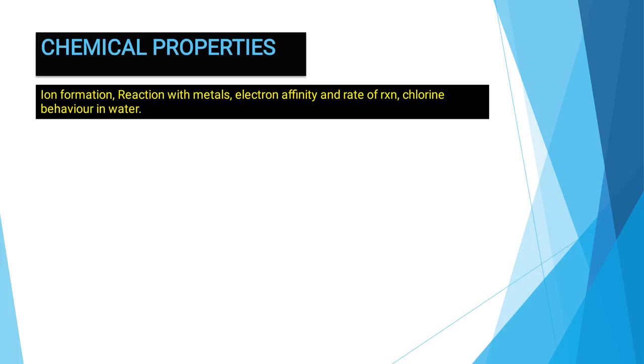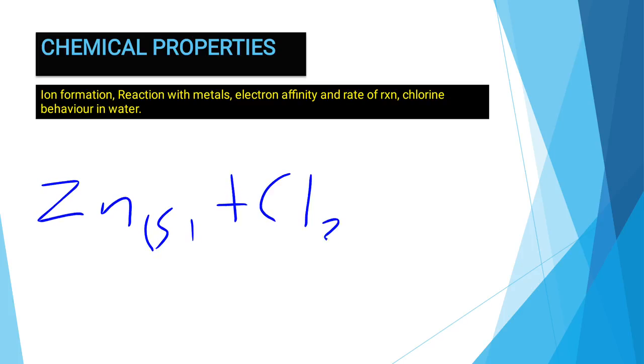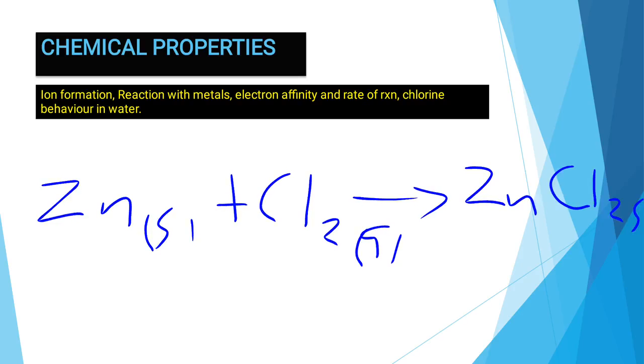So zinc, a solid, plus chlorine, which is a gas, gives us zinc 2 chloride, and the product is a solid. Class, if you look at that equation, it's already balanced. And so will be the case if we use other halogens, because if elements are in the same group, then the number of electrons they gain or lose is the same.